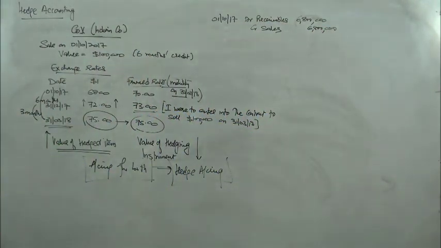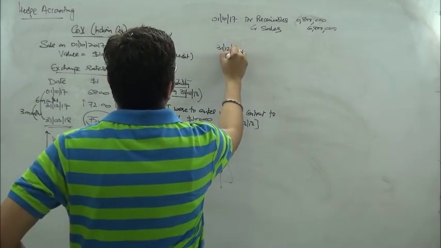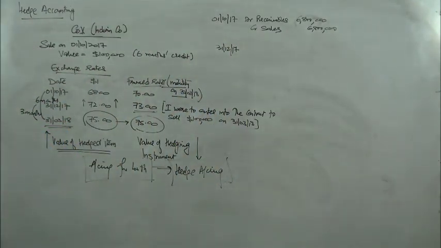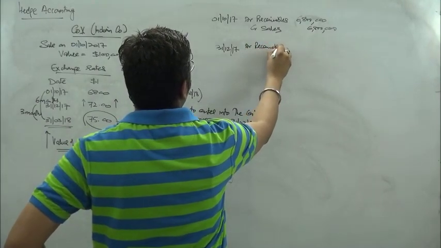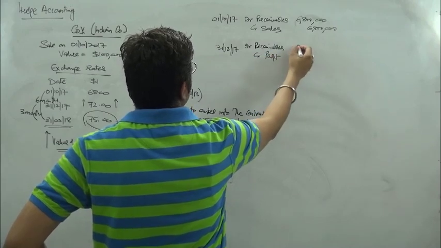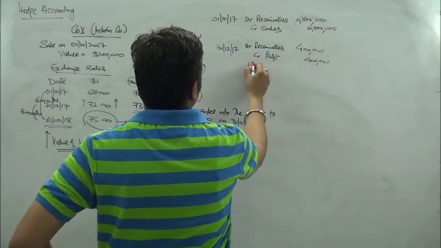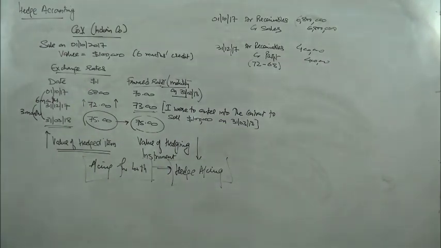All right? Yep. I move on to 31st of December. I'm not doing the accounting here for the hedging instrument at this point in time. I move on to 31st of December. Of course, this receivable has increased, which means that I need to recognize a profit to the extent of 400,000, which is 72 minus 68 into 100,000.